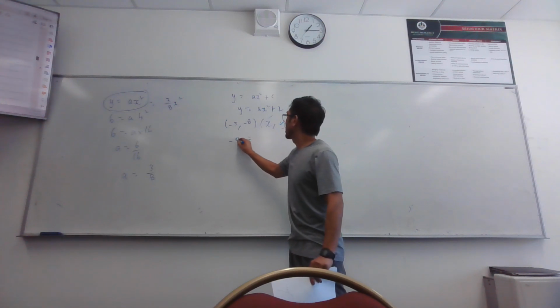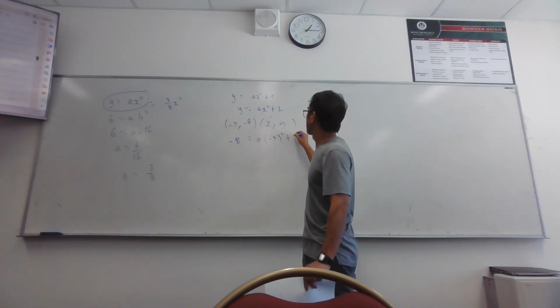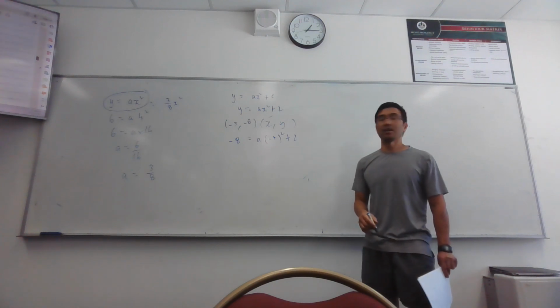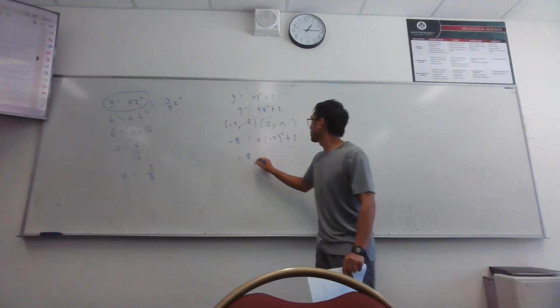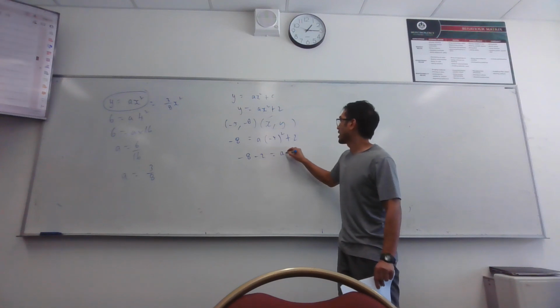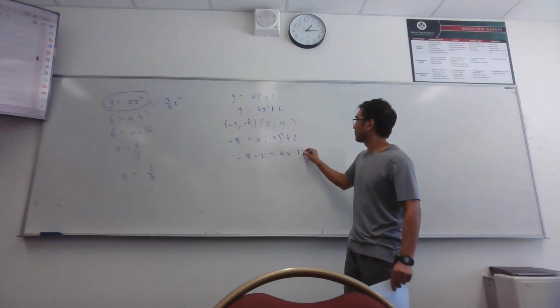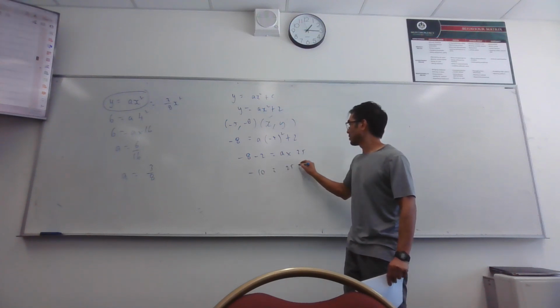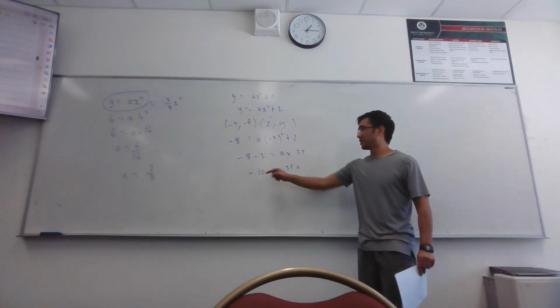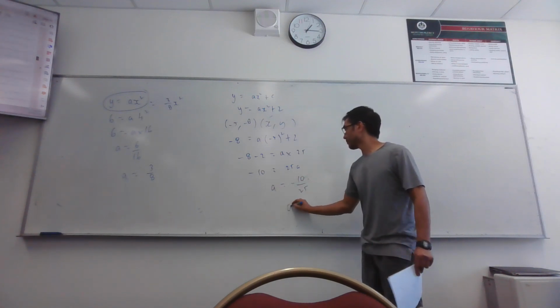My y turns into a -8. My x turns into a -5. And 2 is already there. Okay. -8 take away 2 equals a times what number? 25. -8 take away 2 is -10. So -10 on 25.